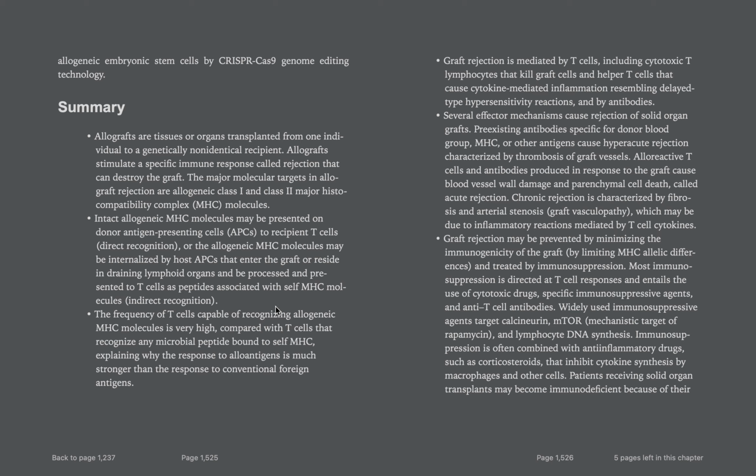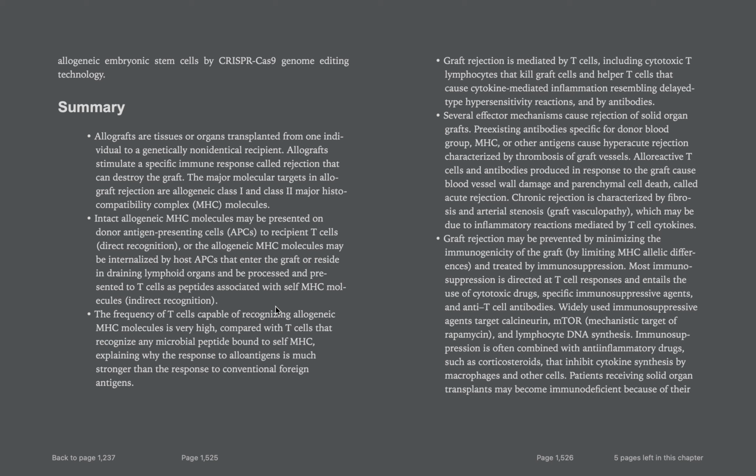Graft rejection may be prevented by minimizing the immunogenicity of the graft by limiting the MHC allele differences, and treated by immunosuppression. Most immunosuppression is directed at T cell responses and entails the use of cytotoxic drugs, specifically immunosuppressive drug agents, and anti-T cell antibodies.